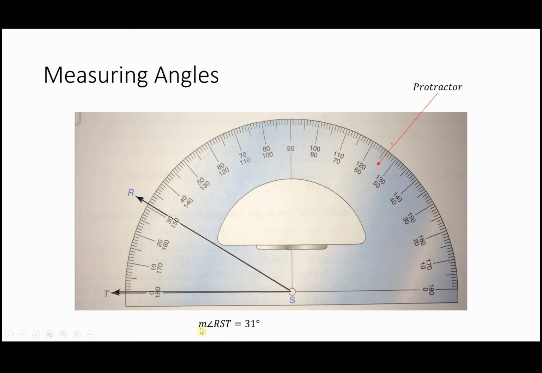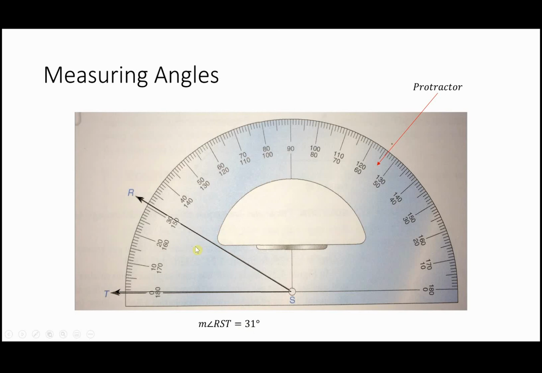So notice this notation in front of the angle name. This lowercase m is mathematical shorthand for the measure of angle RST. All right? And it reads as 31 degrees according to this protractor reading.